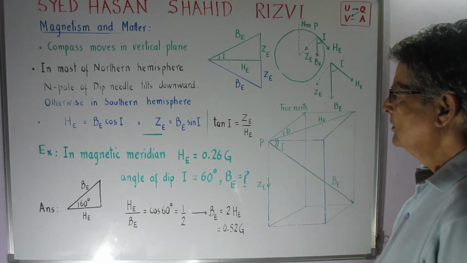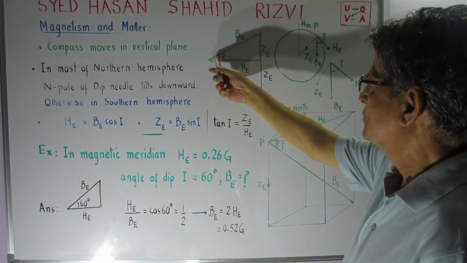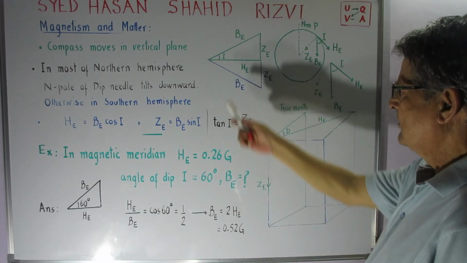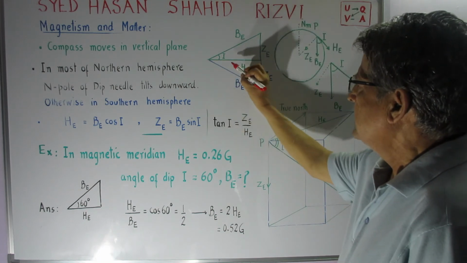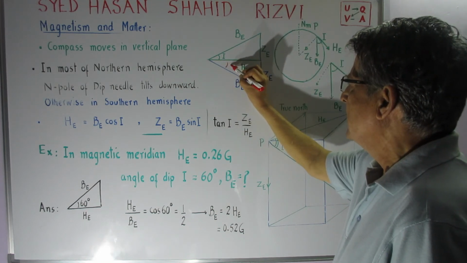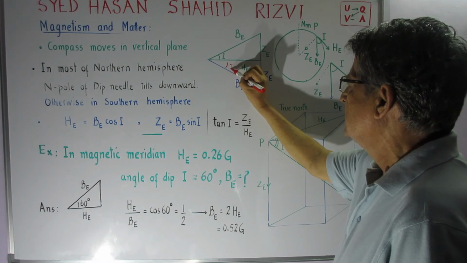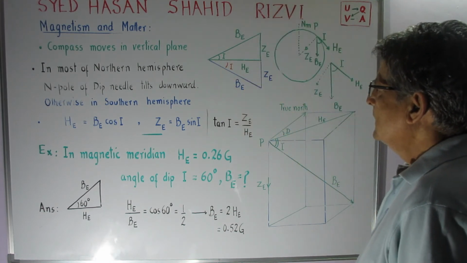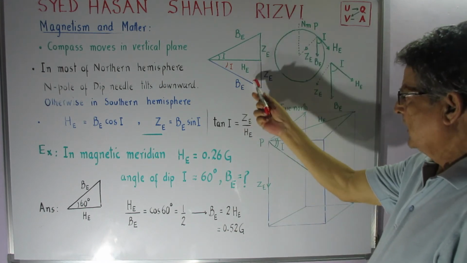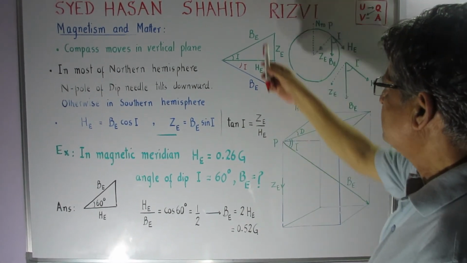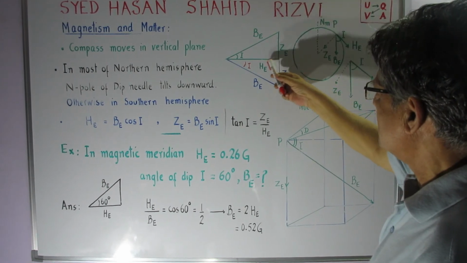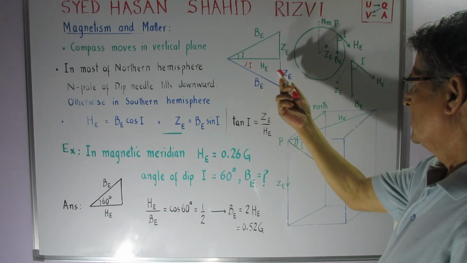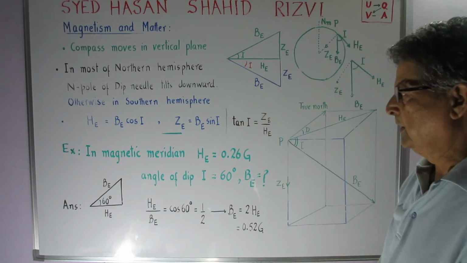So look here, this is what I have shown here in the form of a right angle triangle. This is our angle of dip I, and it could also be an angle of dip like this. So there is a green triangle and there is a blue one. It could be like this or it could be like this, okay. So I have BE over here, ZE is the vertical component, this is the horizontal component. Here it is B, this is the horizontal component, and this is the vertical component.